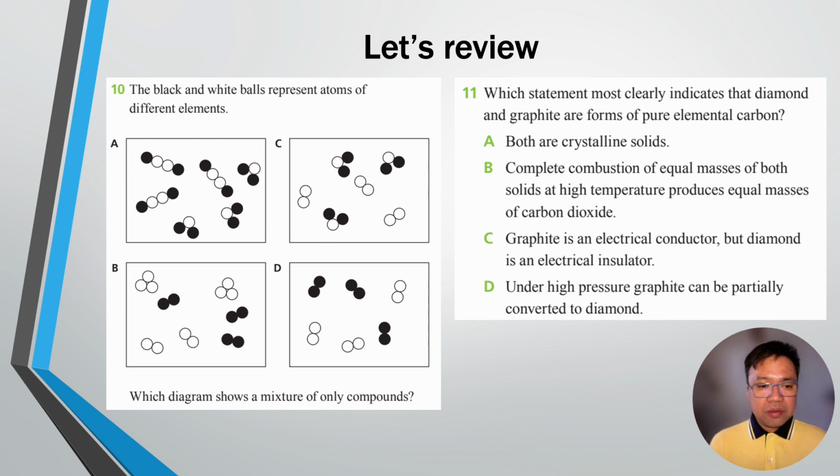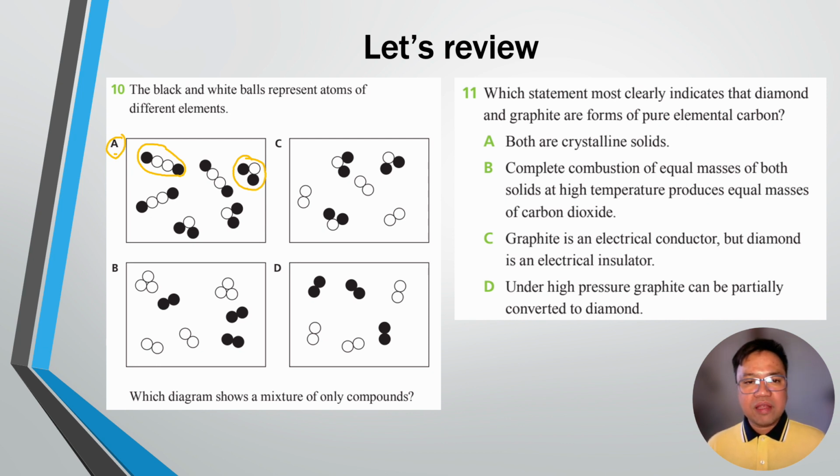Diagram A shows chains of alternating black and white balls, which represent atoms, and two black balls bonded to a white ball. Since there are no single balls and each group contains more than one kind of atom, this diagram represents a mixture of compounds. So A is the answer.